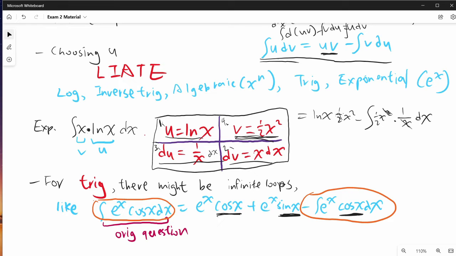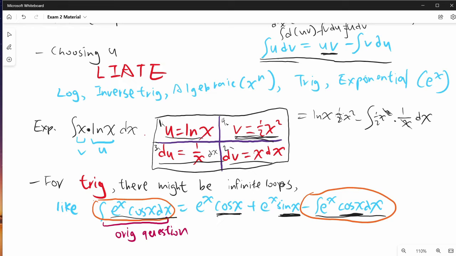You take more by parts multiple times, it comes up just alternating between cosine x and sine x, cosine x, sine x. Then you can see that this part, e to the x cosine x, is the same as the original question.